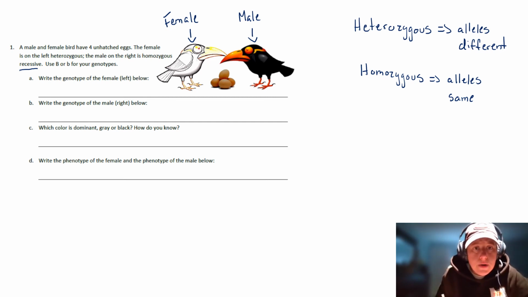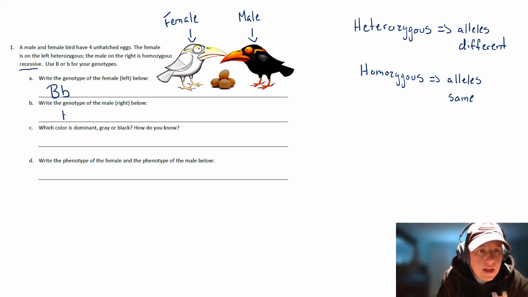Okay, so if we look at the genotype, so again, the genotype is the genes that you have. Now, if the female is heterozygous, that means they're going to have one capital B and one little b. The male is homozygous, so that means both alleles are the same.